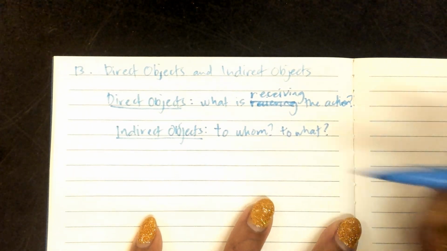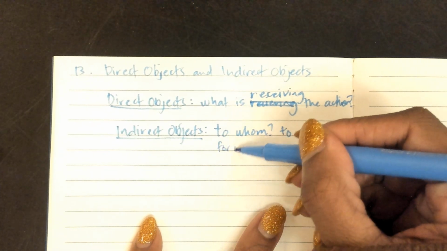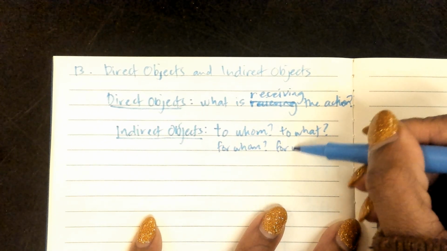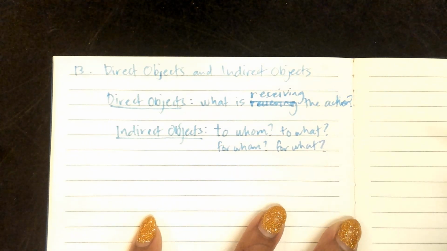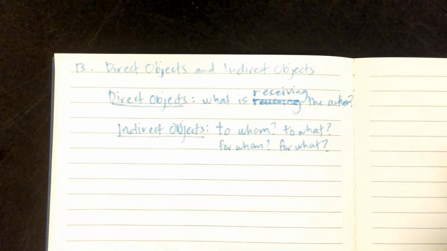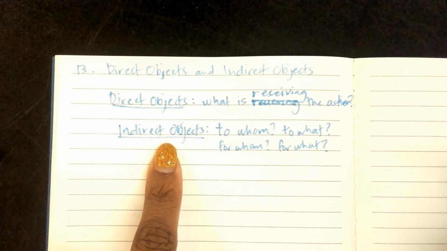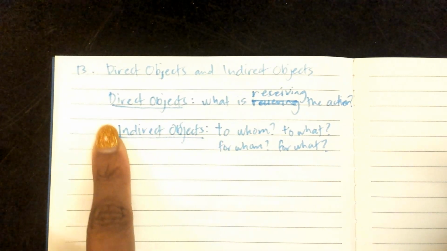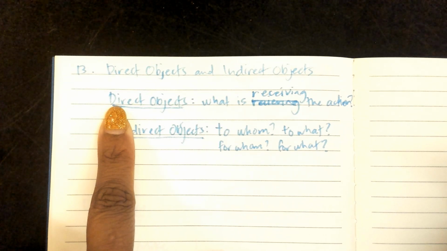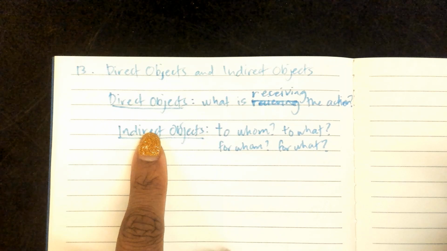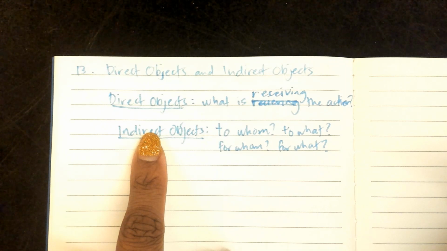Or for whom or for what? So, almost always, a sentence that has an indirect object will have one only if it has a direct object. And in this case, the indirect object appears between the verb and the direct object.